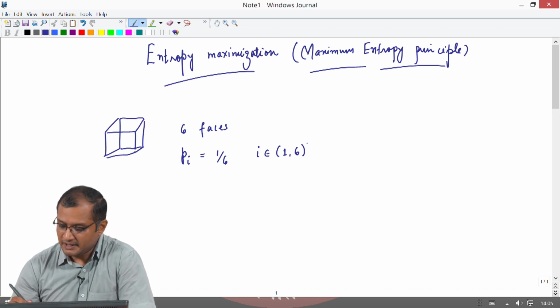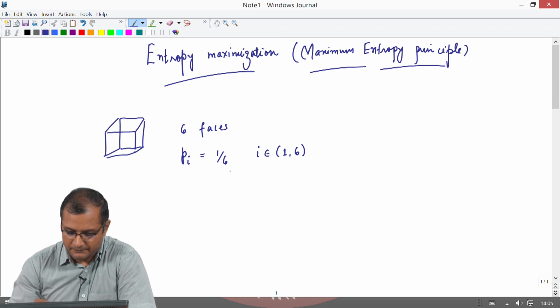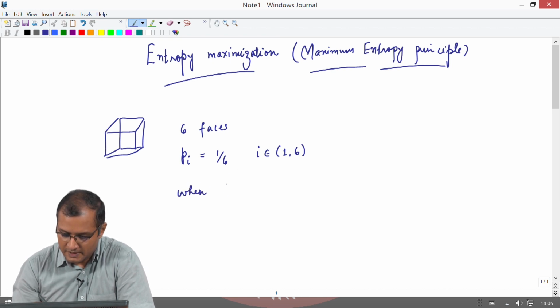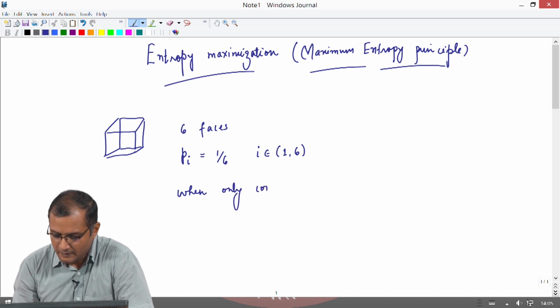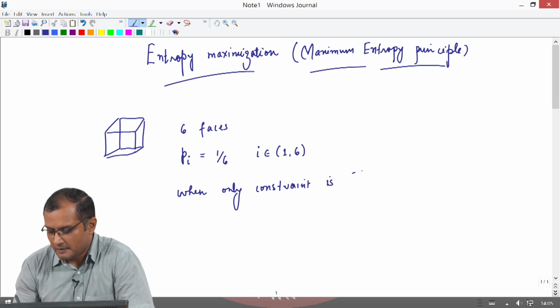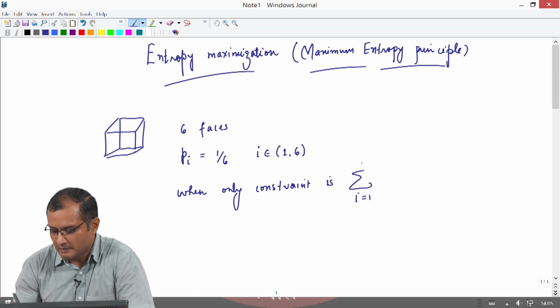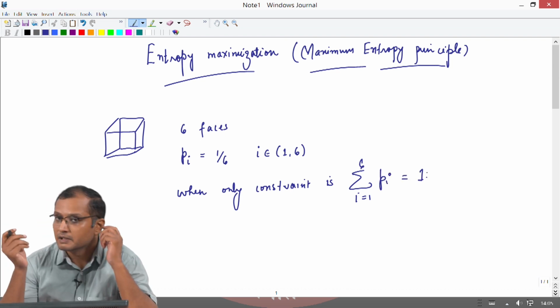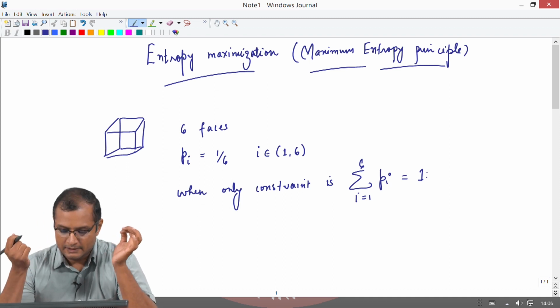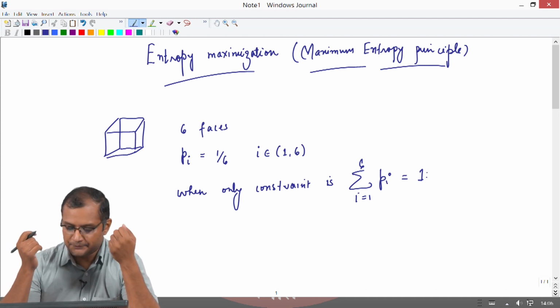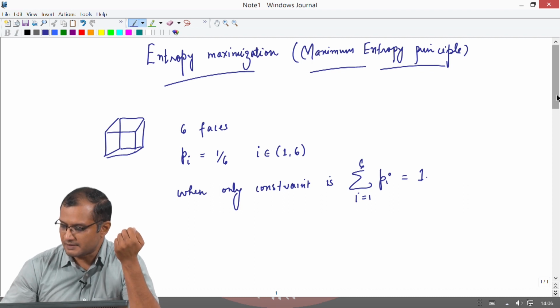Now, this was definitely the case when we discussed that the only constraint is the normalization of the probability. So, when the only requirement is that the probabilities are well behaved, then you get a probability distribution that is unbiased.